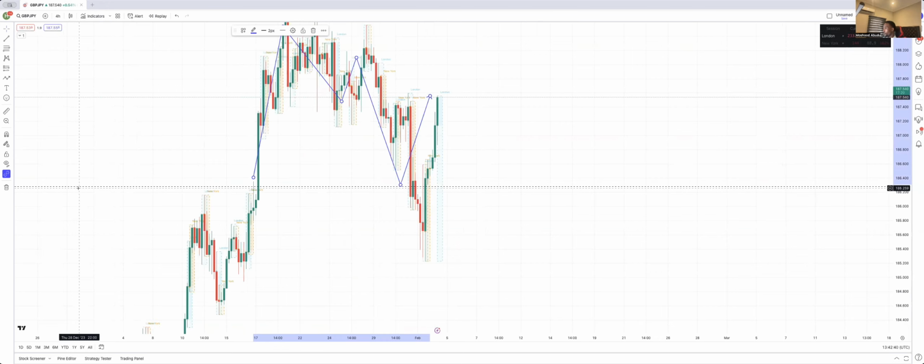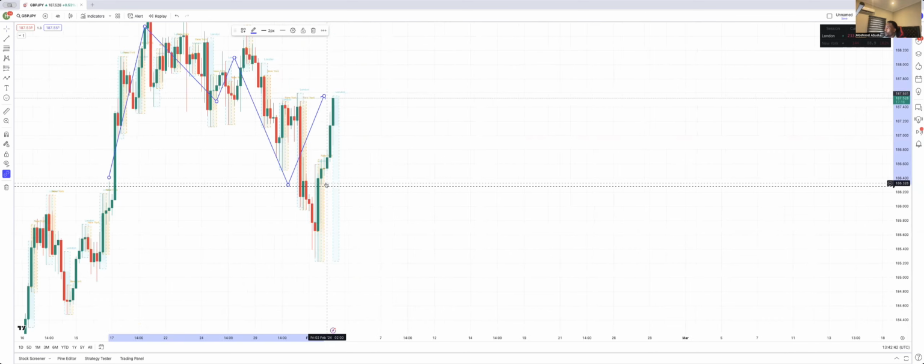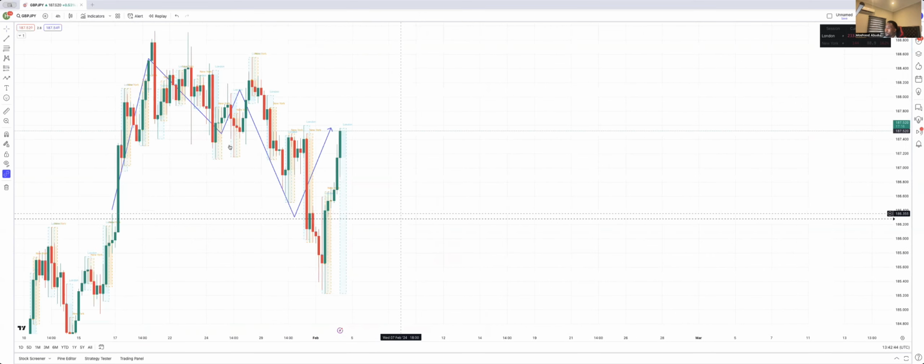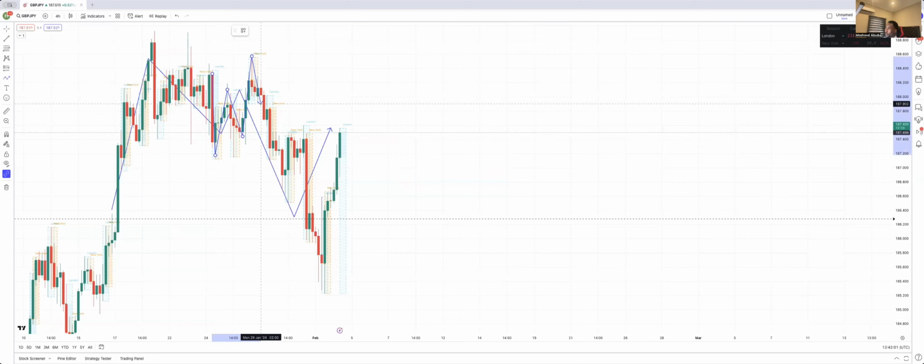So here we go. Now we can see how GBP JPY has been consolidating in this area. At first, we have this pattern here where DJ messed me up really hard, where we were expecting DJ to continue this move, but he didn't do that.